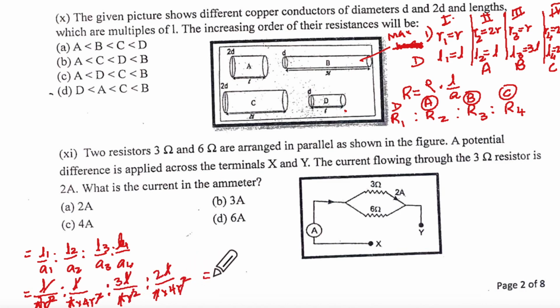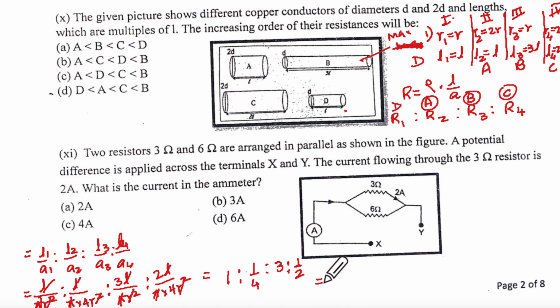Okay, and that is giving us 1 is to 1 upon 4 is to, no, sorry, this is 3. Third one is 3. Sorry. This is 3 and this will be how much? Half. Correct?